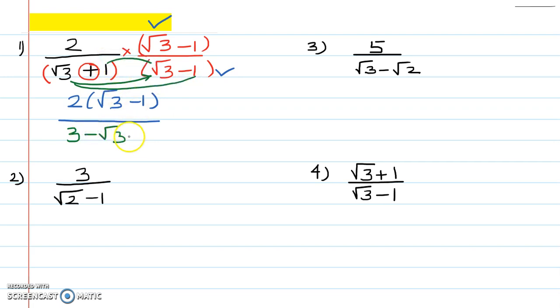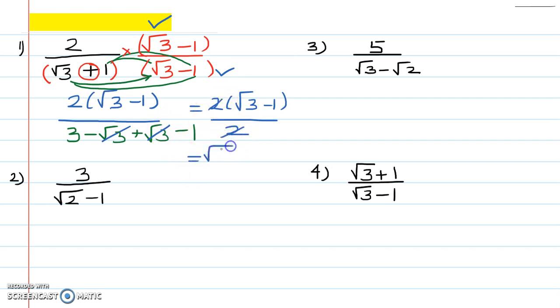Now plus 1 times root 3 is plus root 3, and plus 1 times minus 1 is minus 1. So plus root 3 and minus root 3 cancel out. We are left with 2 root 3 minus 1 in the numerator, and 3 take away 1, which is 2. So 2 and 2 cancel. Our answer is root 3 minus 1.